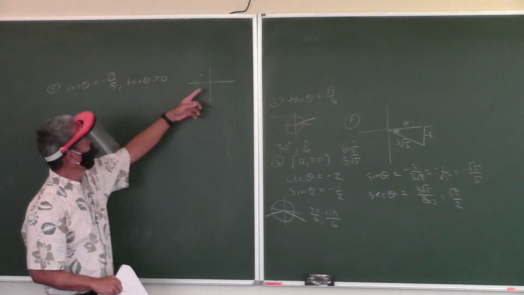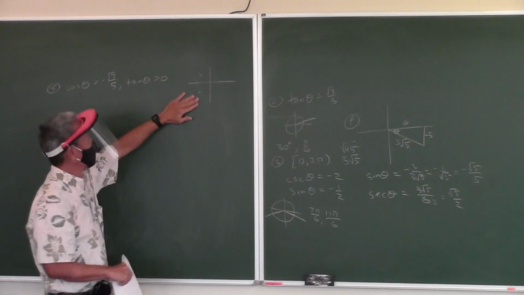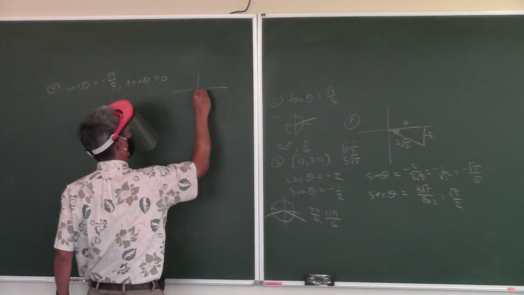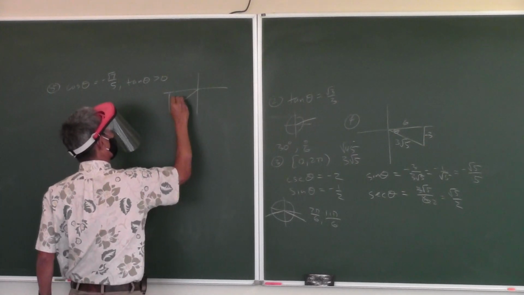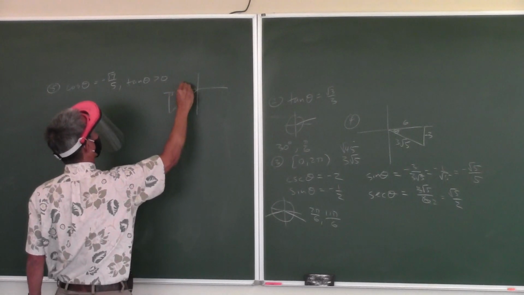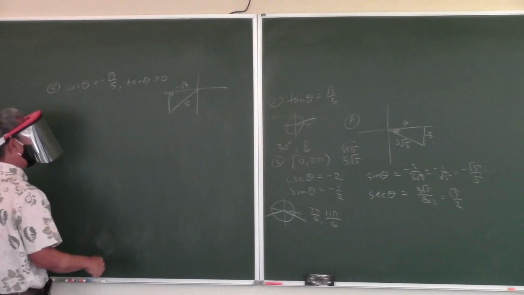Tangent is positive in the 1st and the 3rd, so that must mean we're in the 3rd quadrant, yeah? So when you draw your reference triangle, draw it in the 3rd quadrant like this. Okay, so cosine is adjacent over hypotenuse, and how do I figure out this 3rd side?